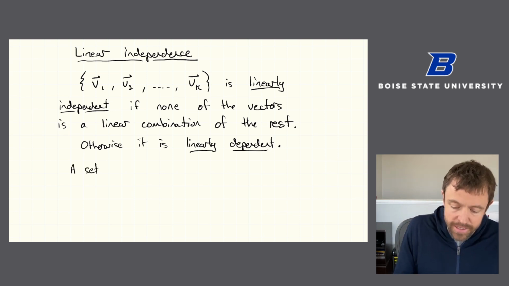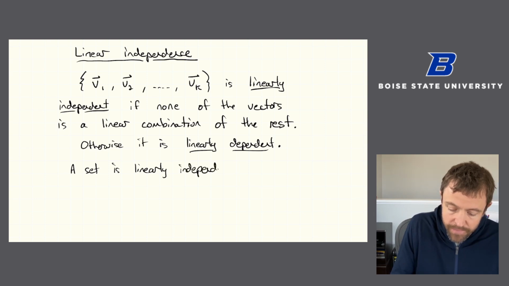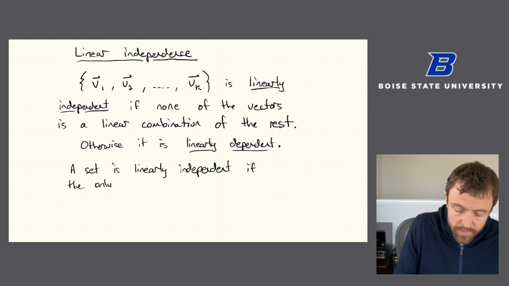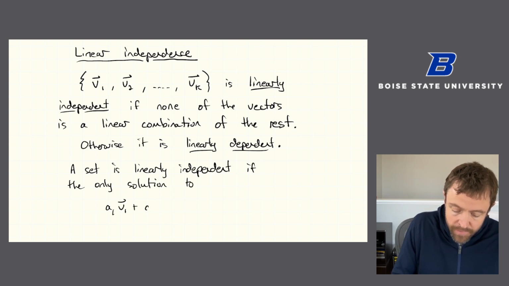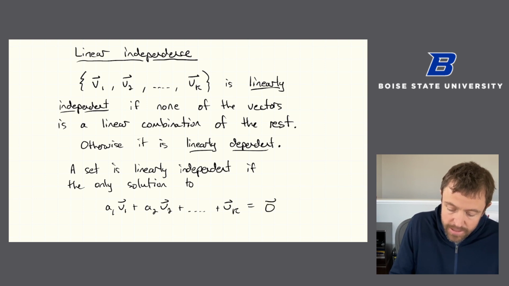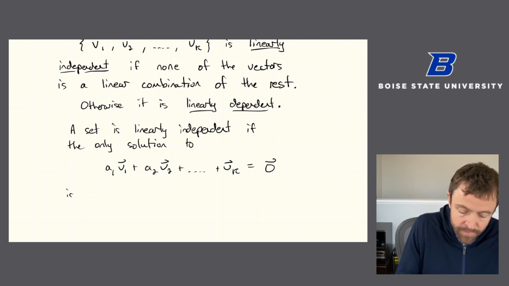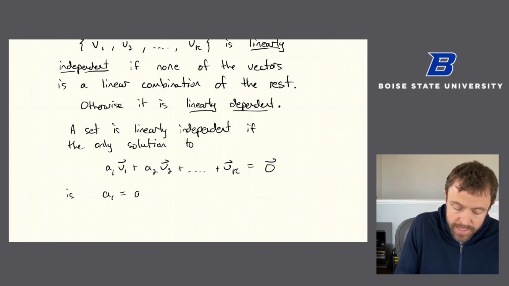And we can rephrase this. A set is linearly independent if the only solution to the equation where we take an arbitrary linear combination of these and ask, can we get 0, is found by setting all the coefficients equal to 0.